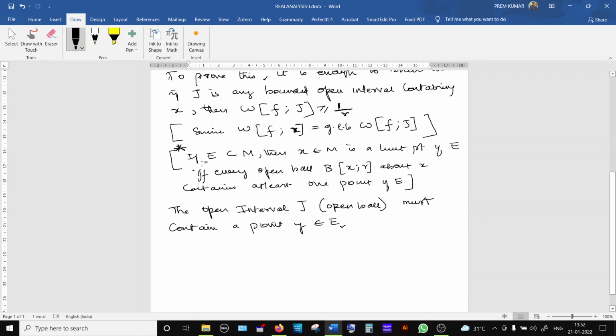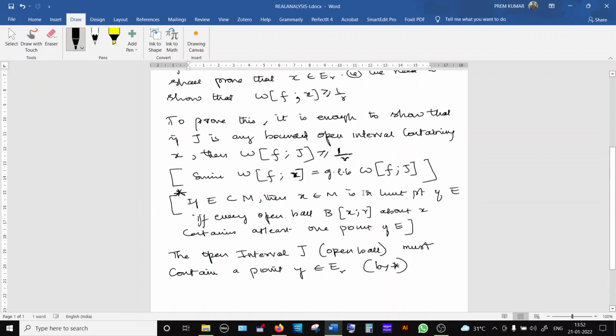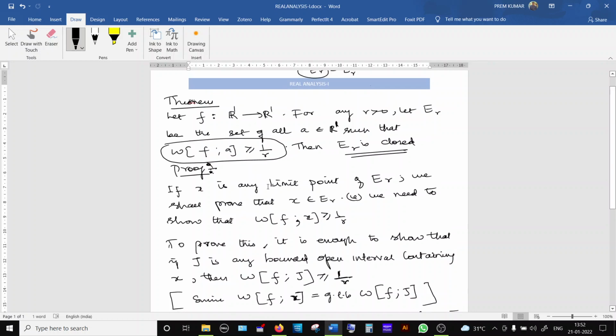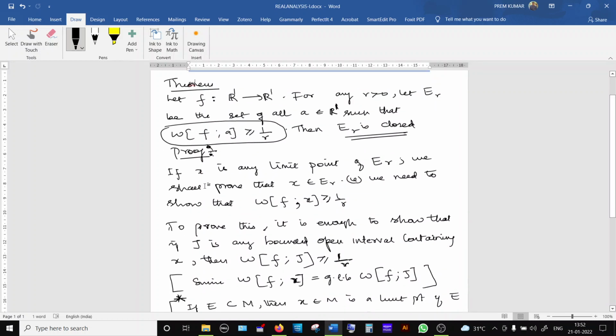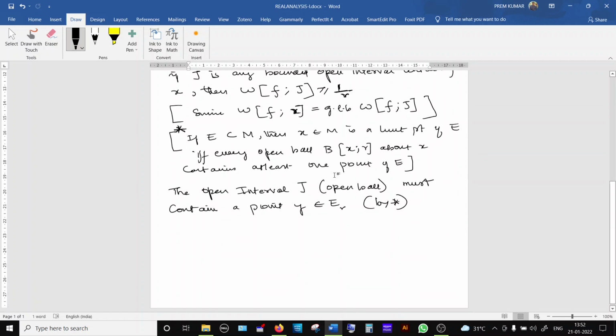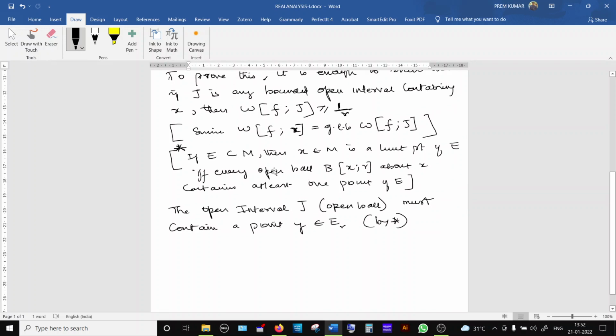So what is this? The result says if x is a limit point, then any open ball about that point should contain at least one point of the set E. So here in place of E, the set is ER, and x is the limit point. Therefore there must be an open interval J. This open interval J is an open ball.